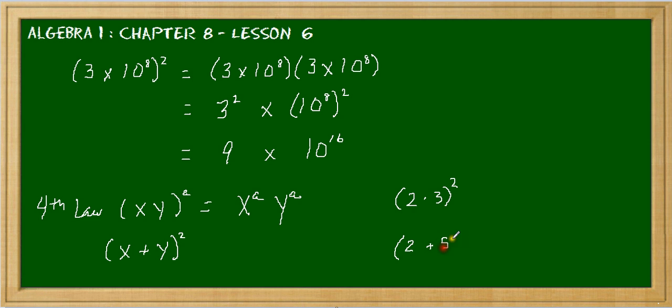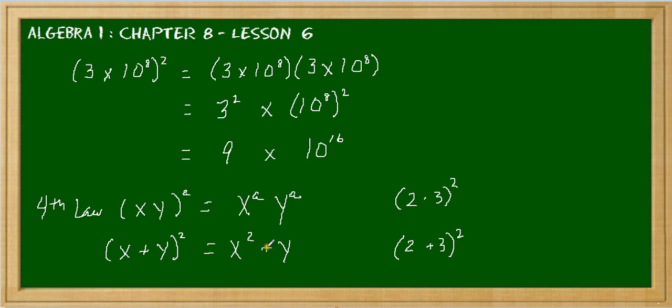First off, we can see that 2 times 3 being squared is not the same. Oh, I'm sorry, I put 5 there. 2 plus 3, which is 5. I was thinking ahead. These values are not the same, and therefore we have to be careful that we try not to do this: x squared plus y squared.